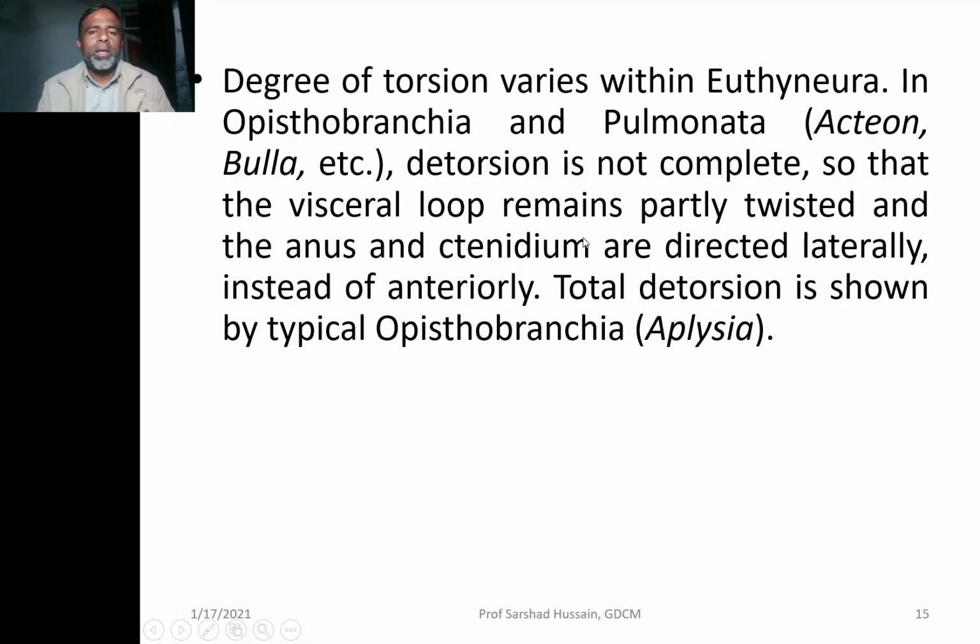For example, the total was a 180-degree rotation; if it stops at 90 degrees only, it will not be a full torsion but a partial torsion, where the organs of the ctenidium will be directed laterally instead of anteriorly. Total detorsion is shown by a typical opisthobranch. So during detorsion, you may have complete detorsion, or you may not.